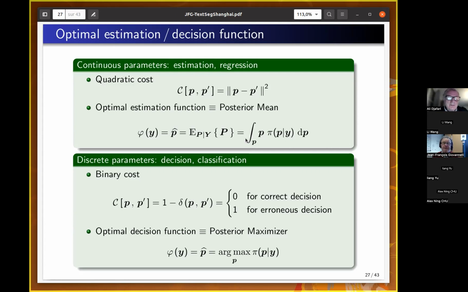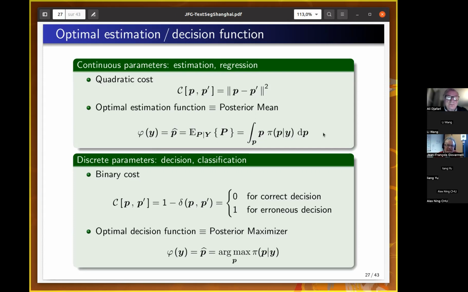So how should we choose between the mean value and the maximum value? I really do not have a strong argument in favor of one or the other. I think this is an interesting way of quantifying the error. That's why I selected this one. But of course, we could want to compute the maximizer.